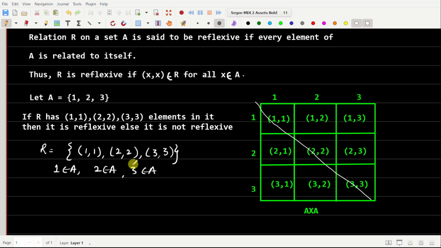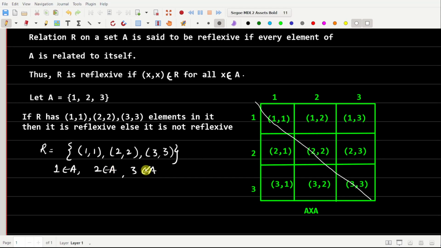And the other elements may or may not be present in this reflexive relation. The other non-diagonal elements, let us say (2,1), (3,1), (3,2), (1,2), (1,3) and (2,3) are the non-diagonal elements, right? These are the diagonal elements and these are the non-diagonal elements.